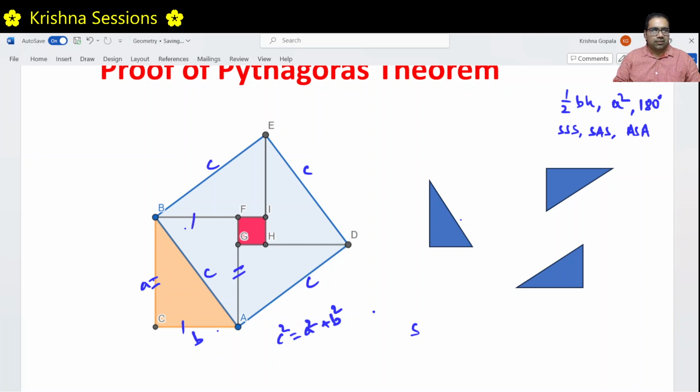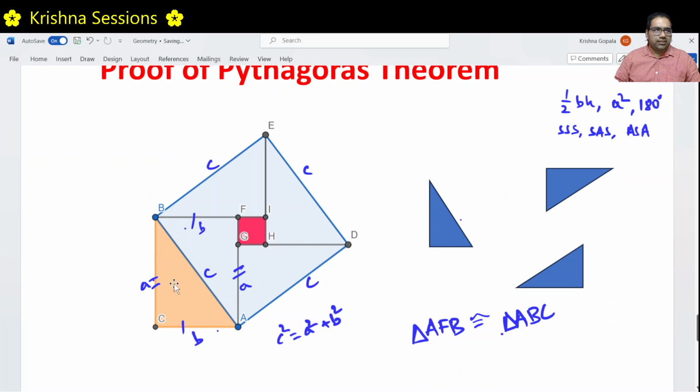What does that mean? This triangle AFB is congruent to ABC, right? This triangle and this triangle are basically the same. What does that mean? This side BF is equal to B, and AF is equal to A, right?